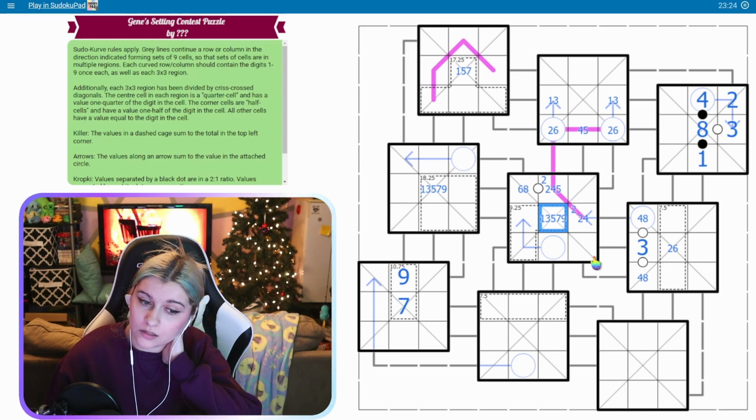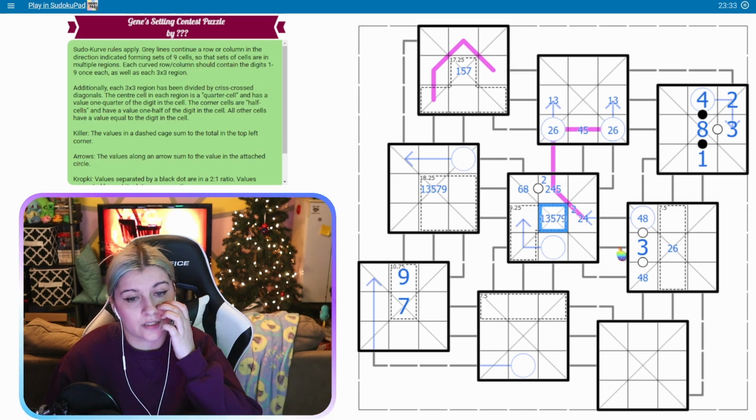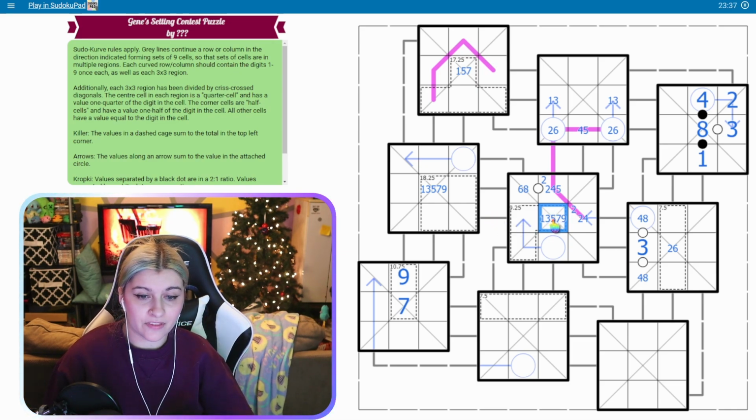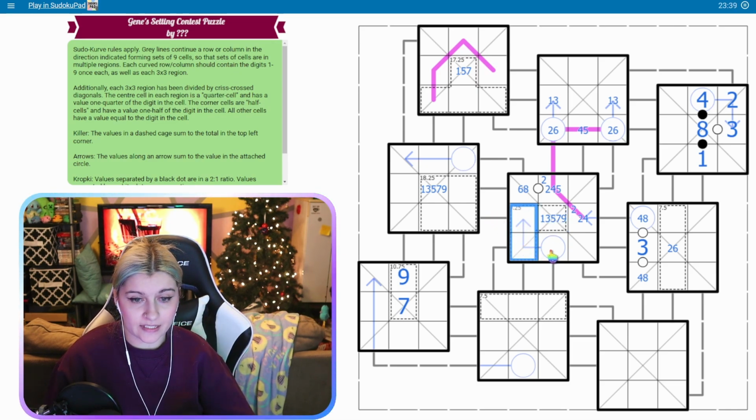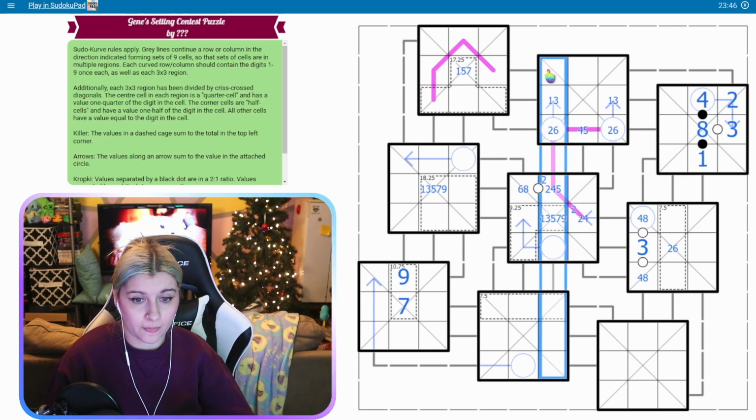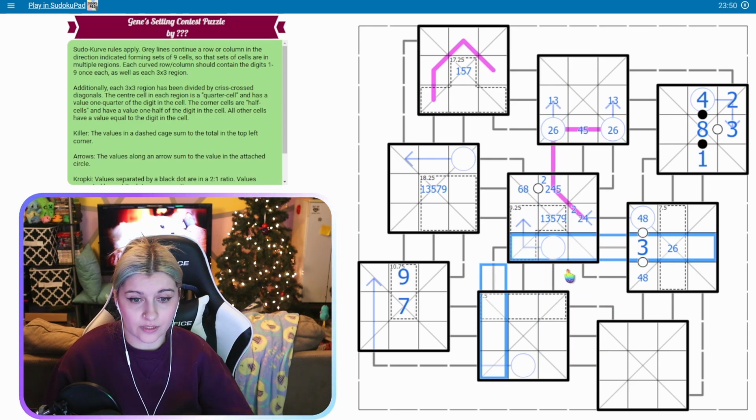So maybe I don't. I'm trying to think like quickly of all my options. Okay, if this is a 1, this sums to 9, and this would be a 9. Can this be 9? As of right now, yes, this could be a 9.